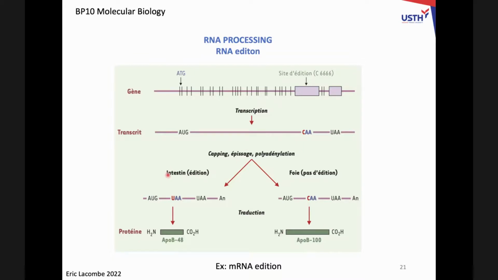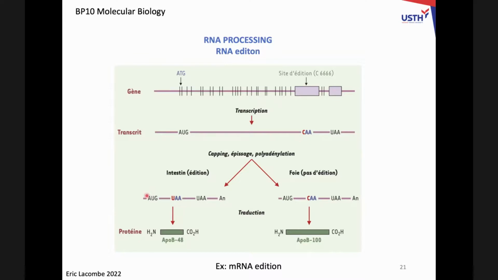But in the intestine, there is RNA editing specific to this transcript and specific to that point. The modification that happens in this editing is the conversion of a C to a U, cytosine to uracil. Instead of having CAA, which is a proper codon, it turns to be UAA, and UAA is a stop codon.